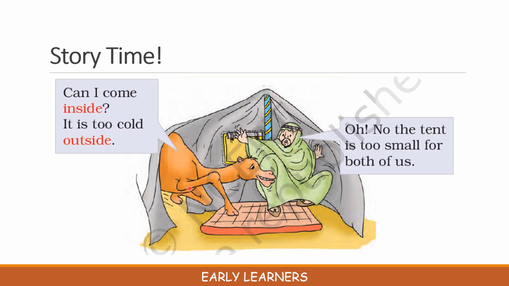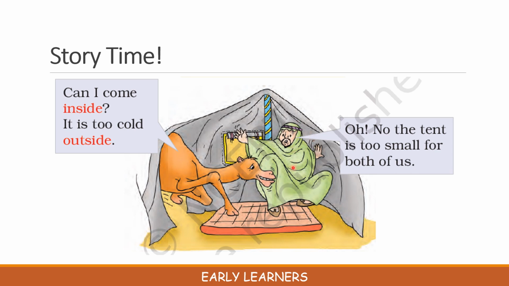Let's see what happens next. See, look, the camel is so happy that he finally says, can I come inside? Now the camel came inside the tent. The camel said, it's too cold outside. So you see, the camel is very happy and came entirely inside the tent.